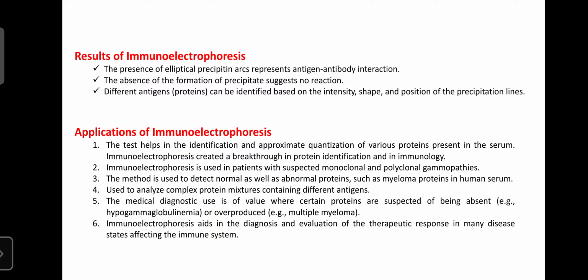Then with the help of electrophoresis, they can find which antibody is suitable for the target antigen, or they choose different antigens to target for that antibody diagnostic test.